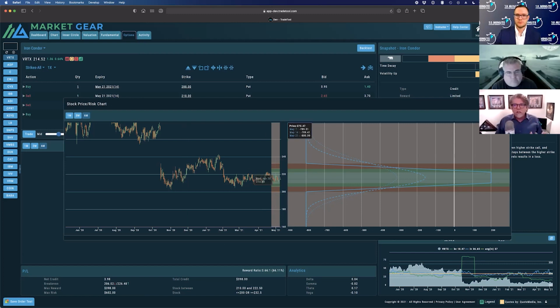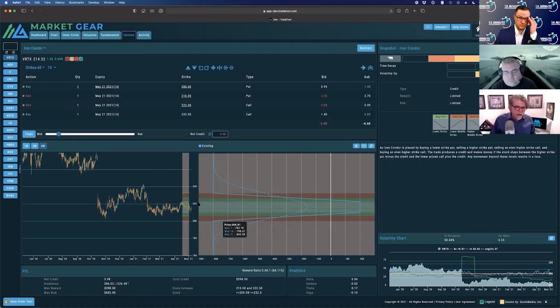So in this particular trade, if this stays within that range, I am taking in a $3.98 credit, which is $398 on a one lot trade. And we'll stay on a one lot for discussion here for a moment. Now, what's my risk? The way the risk is calculated, it's between your buy and sell strikes.